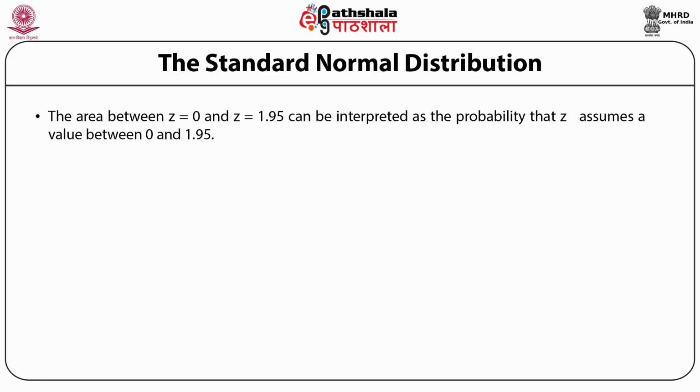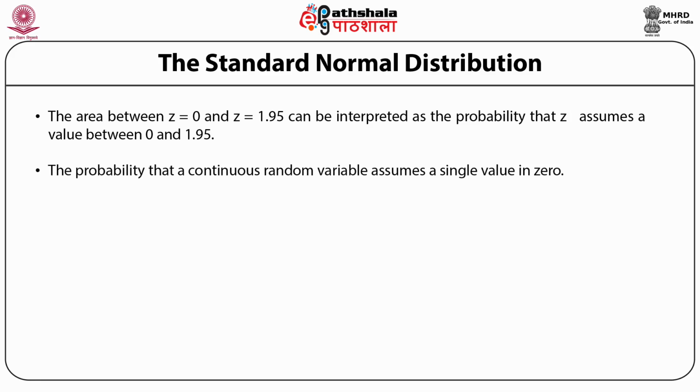That is, we will write it like this: the area between 0 and 1.95 is equal to the probability that z takes a value greater than 0 and less than 1.95. That is, 0 less than z less than 1.95 is equal to 0.4744. So like this we will take up this problem.